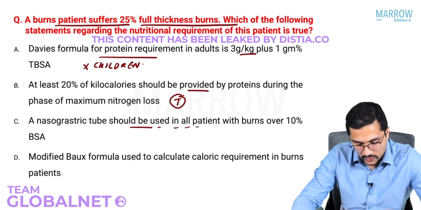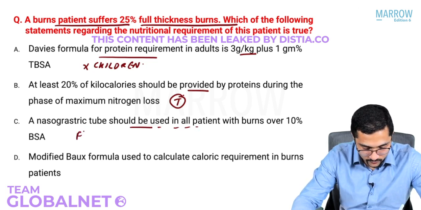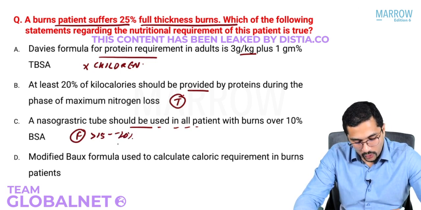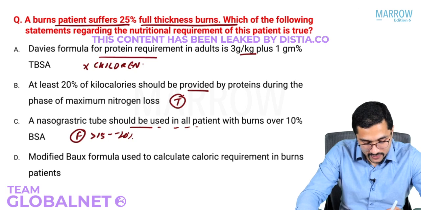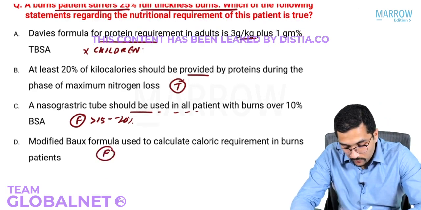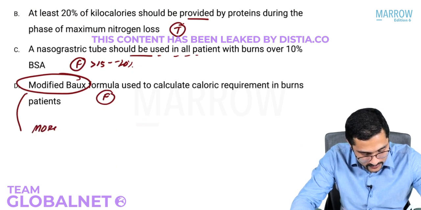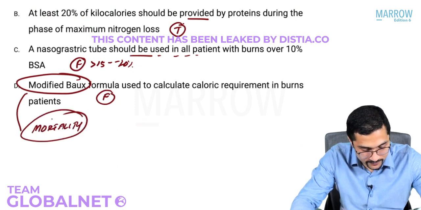Nasogastric tube should be used in all patients with burns over 10%. This is false. It should be more than 15 to 20%. And modified Baux formula is used to calculate caloric requirement. This is false. Modified Baux formula tells us the risk of mortality following burns.